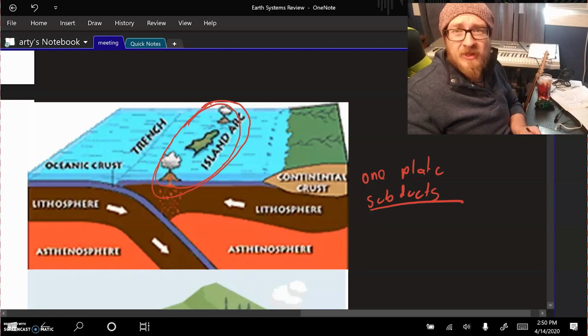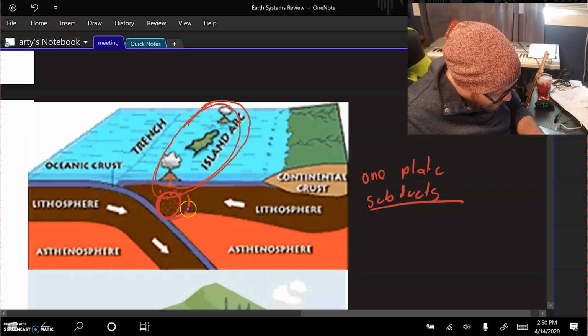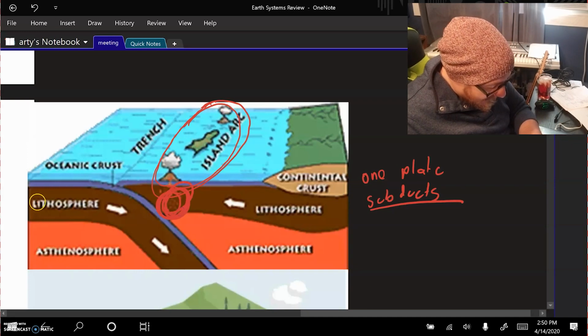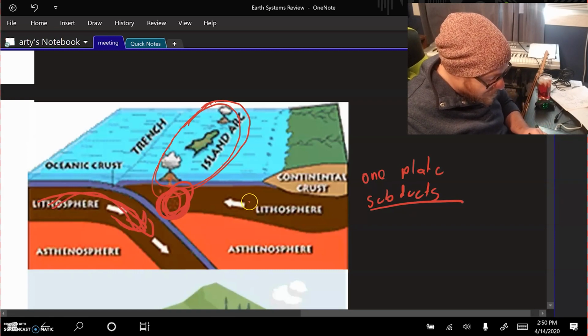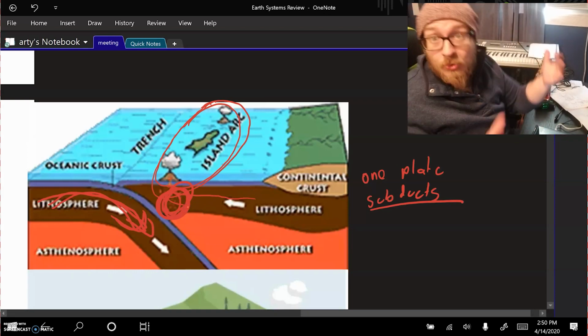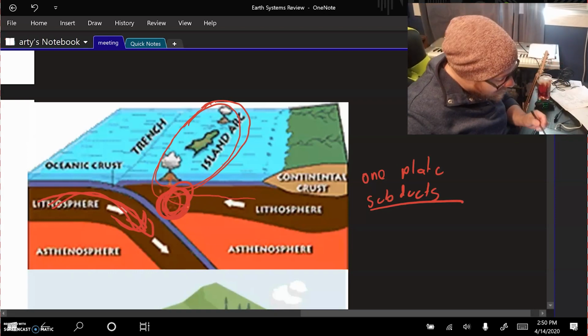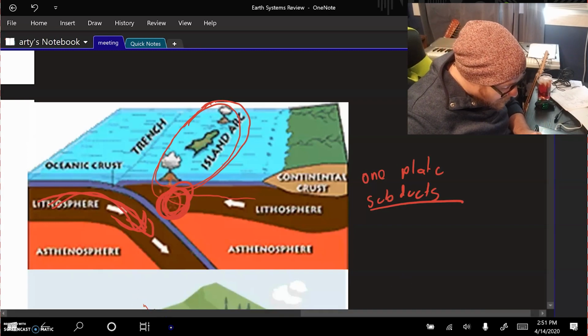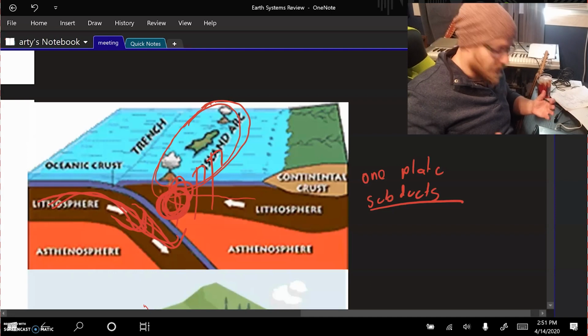And they're formed because of a lot of pressure that builds up right around here, right? As this oceanic crust here is sinking below the continental crust here, or if the continental crust is rising above the oceanic crust, however you want to look at it, a lot of pressure is being built up because of all this material. And that is going to come up and create these volcanic island arcs.